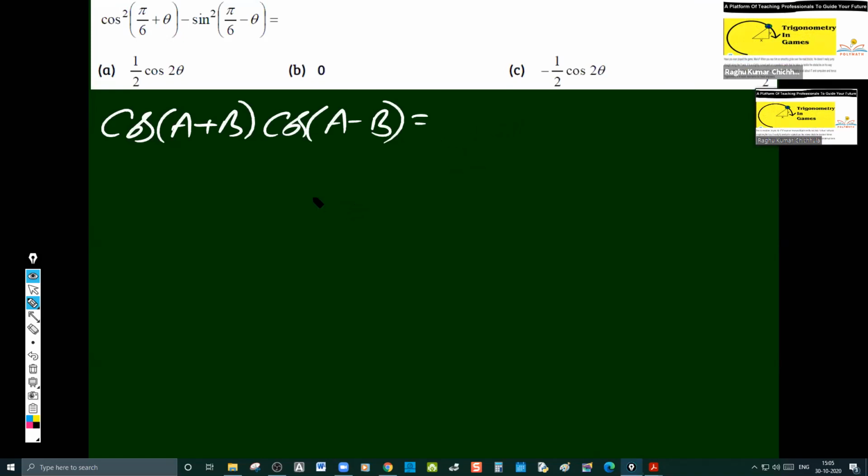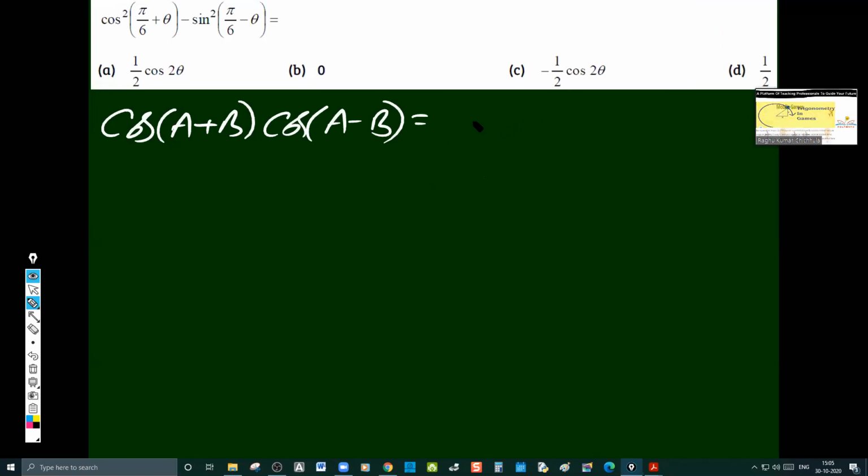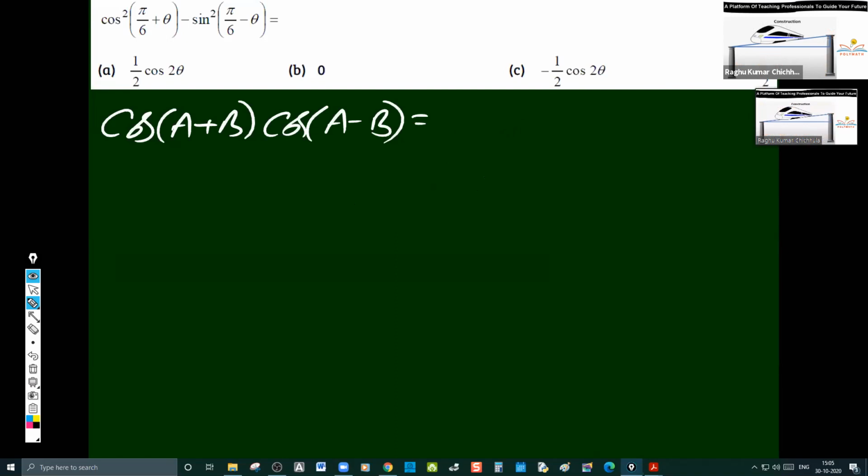Forgot it, Bhavi? Just check it out and tell me. Take your own time, but I need it. It's important. You will have this formula again in your 12th class also, in integration. You will get questions in integration that are related to this trigonometric formula.